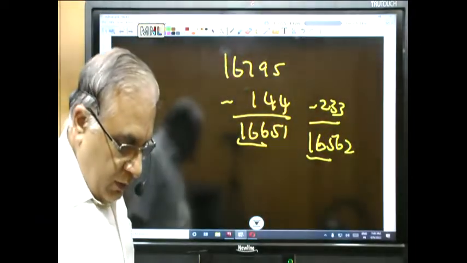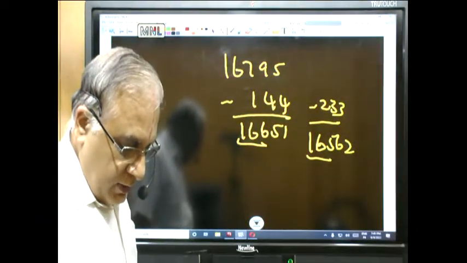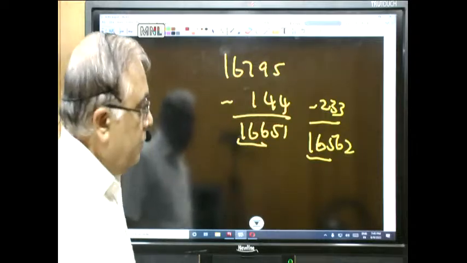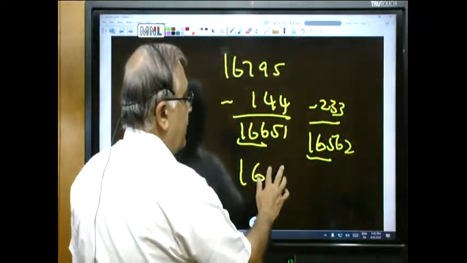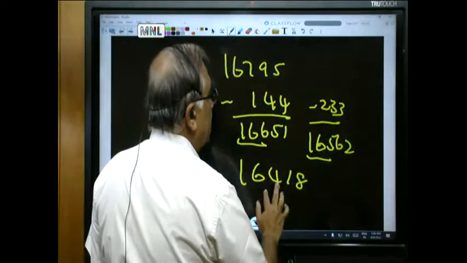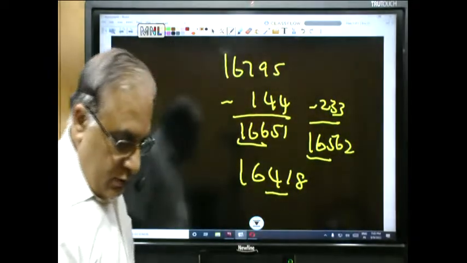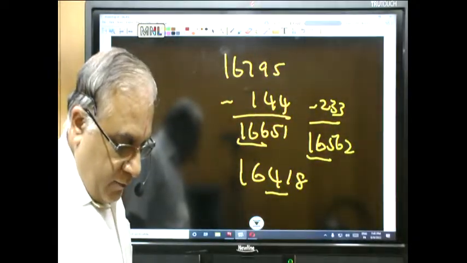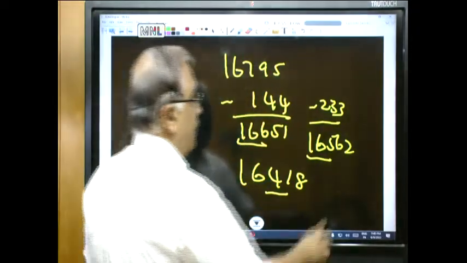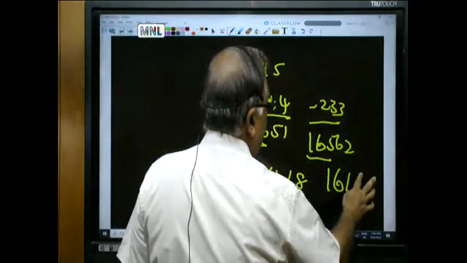Then 16,795 minus 377, 16,418. Then 16,795 minus 610, 16,185. So these are the support points.